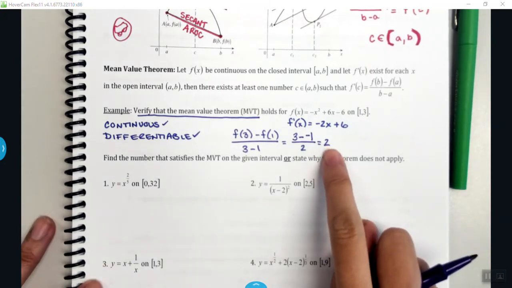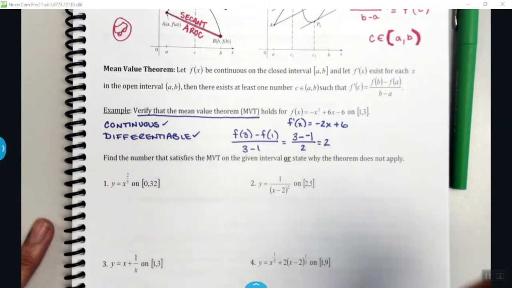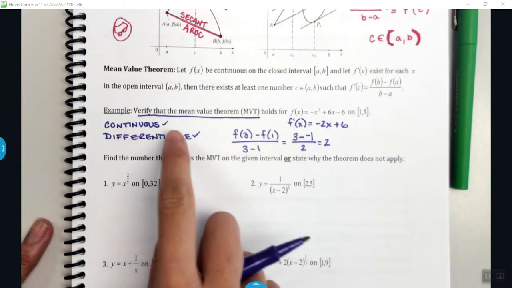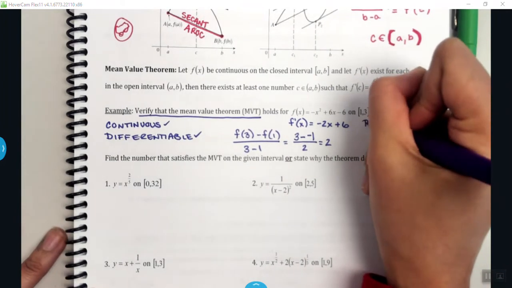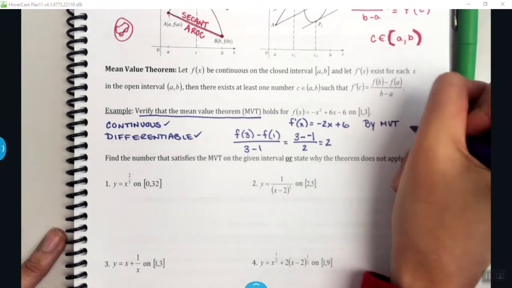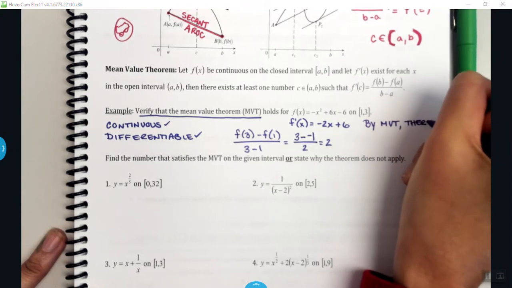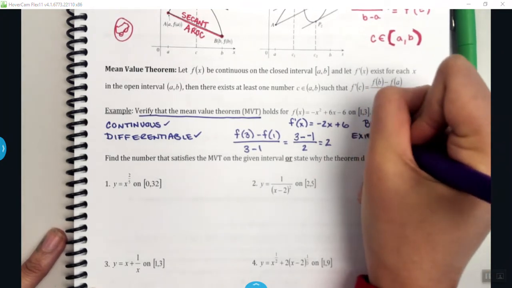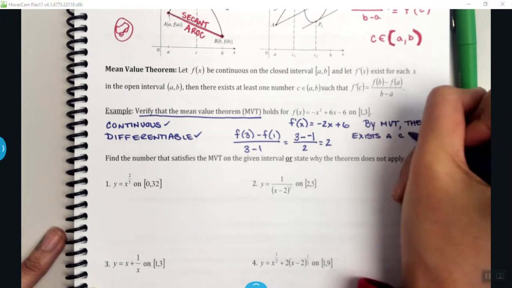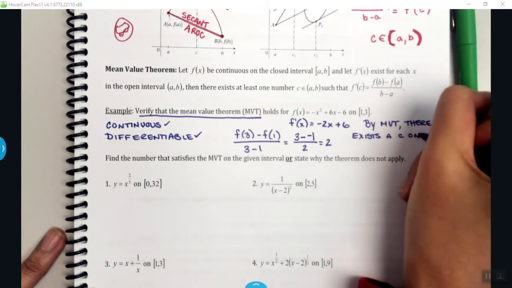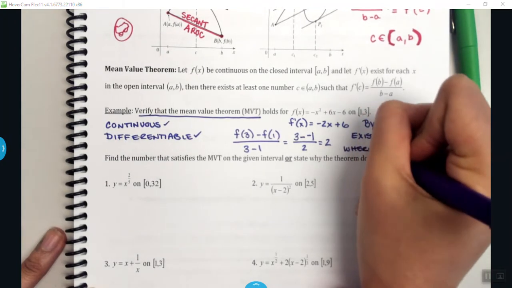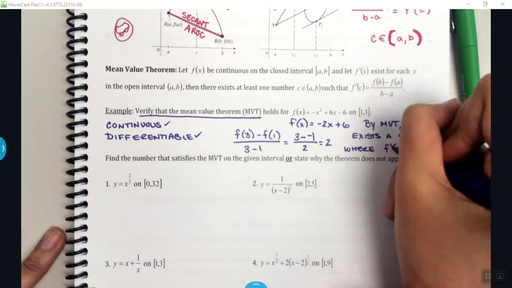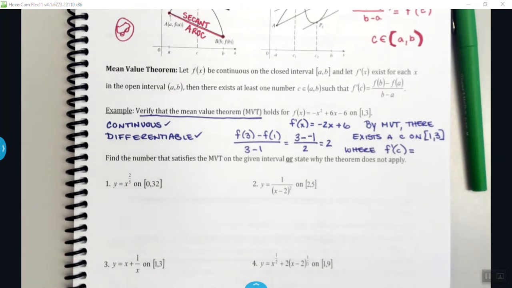If you were going to do free response, you would say f of x is continuous and differentiable, and then you would say by mean value theorem there exists a c on the interval 1 to 3 where the derivative at c equals 2, because that's what my average rate of change slope is.